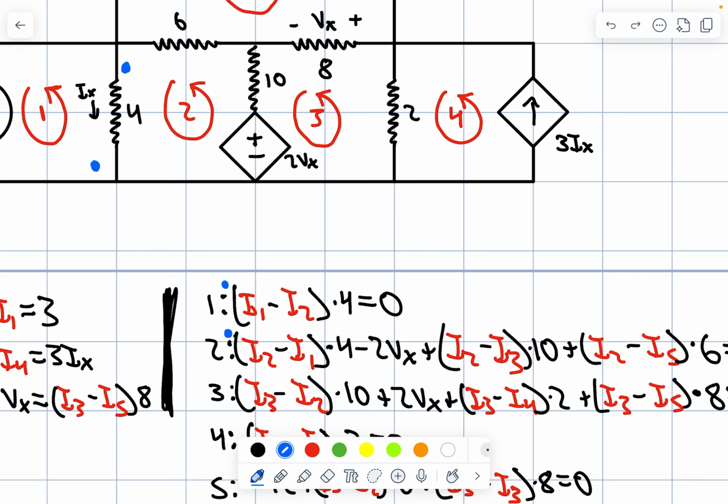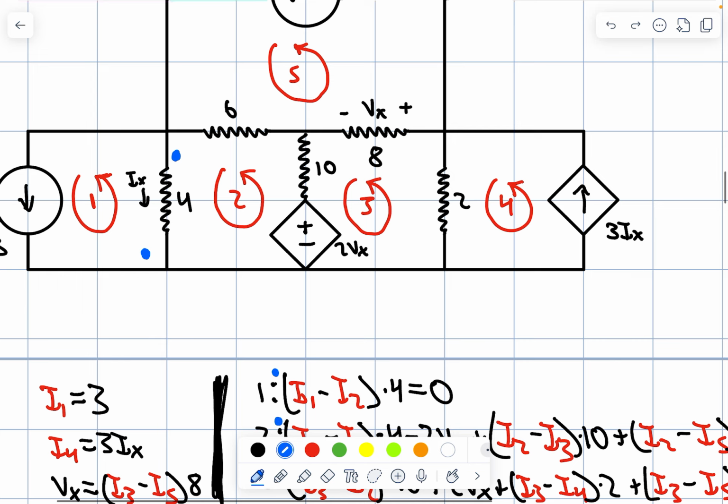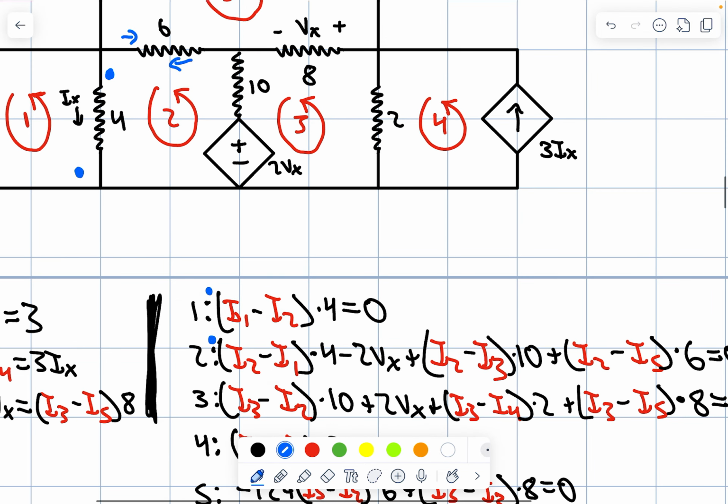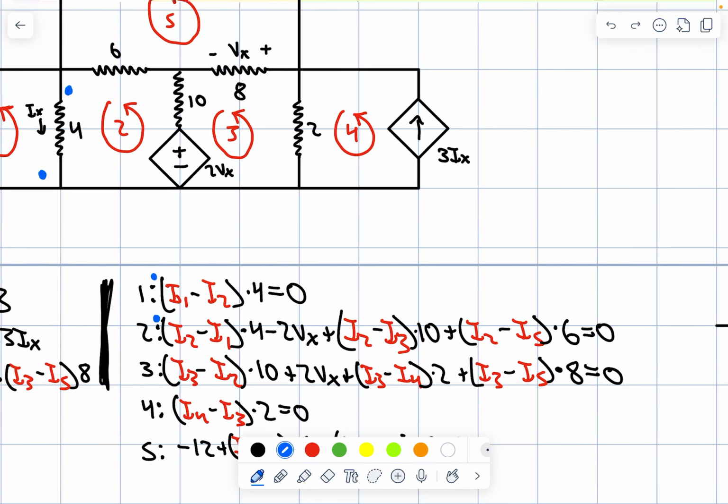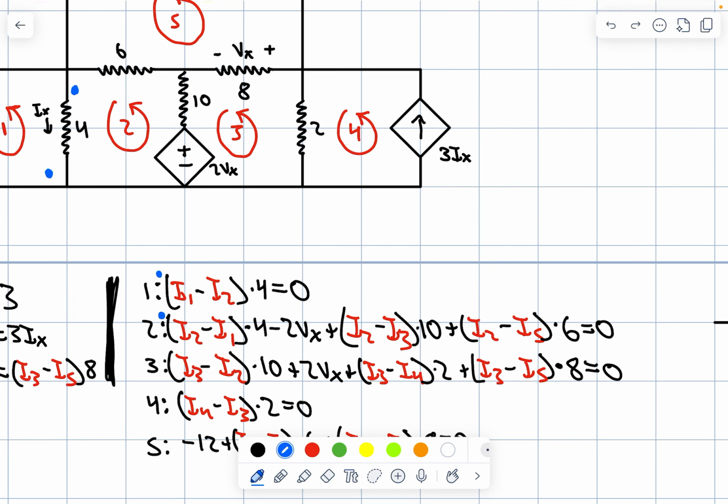Then I'm just flowing through a resistor with I2 going in the right direction and I3 going in the wrong direction across that 10 ohm resistor. That's I2 minus I3 times 10. And the last thing, going through this 6 ohm resistor, I've got I2 flowing the right direction, I5 flowing the wrong direction, right, in that 5th loop. So that's I2 minus I5 times 6. And that's the last component there. So that's going to be equal to 0.